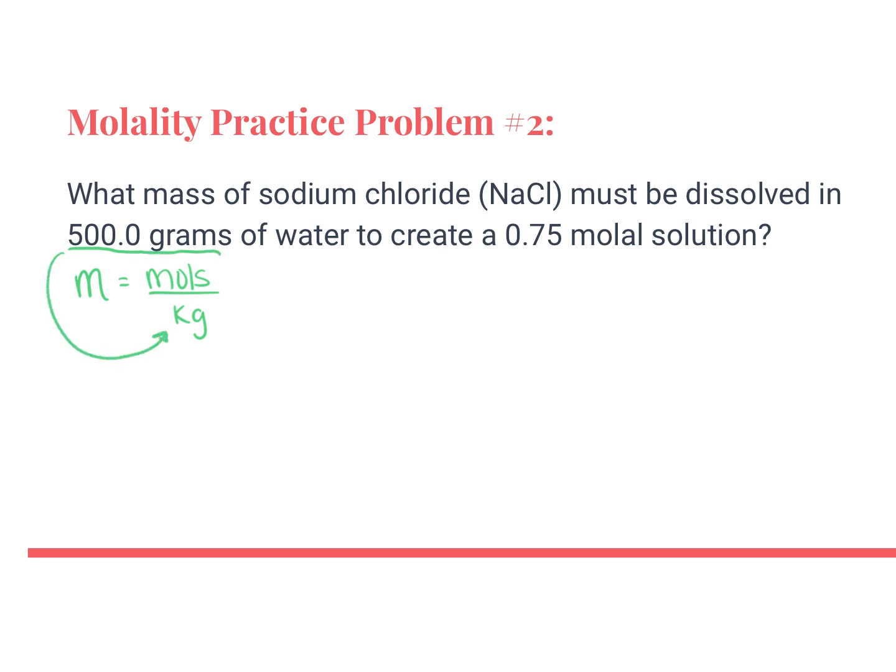And then what's the other number given? Okay, so this 0.75 molal is the molality. So then by deductive reasoning, what are we going to solve for first? Okay, so we're going to solve for moles first. How can we rearrange this to solve for moles? Okay, so I'm going to say m times kilograms.